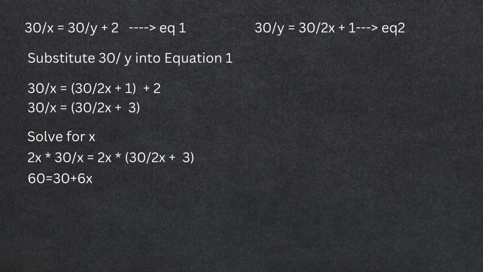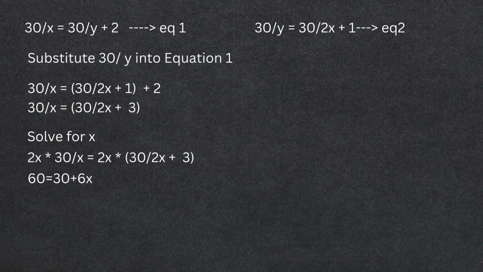So, let's solve it further to get the x value. We are multiplying 2x on both sides. So, 2x into 30 by x on the left side, and 2x into 30 by 2x plus 3 on the right hand side. If we cancel x and x, on the left side, 2 into 30 is 60.